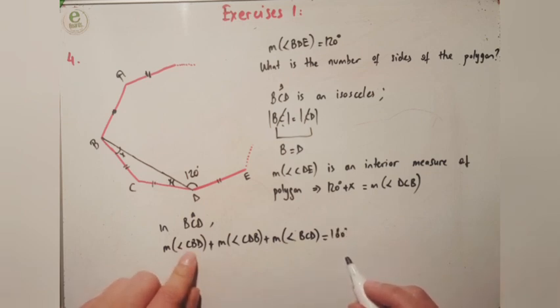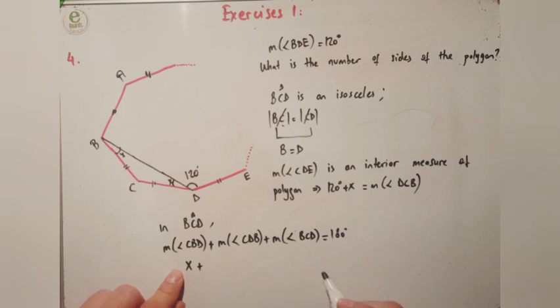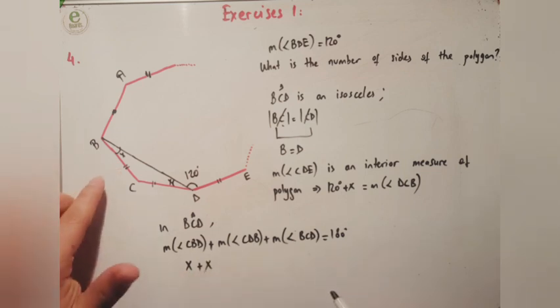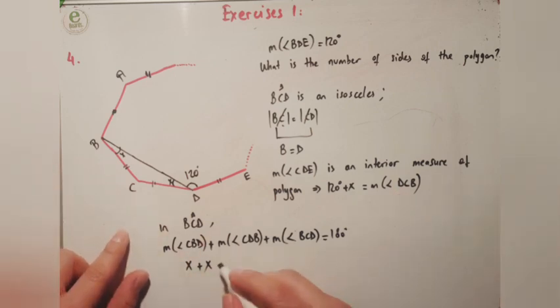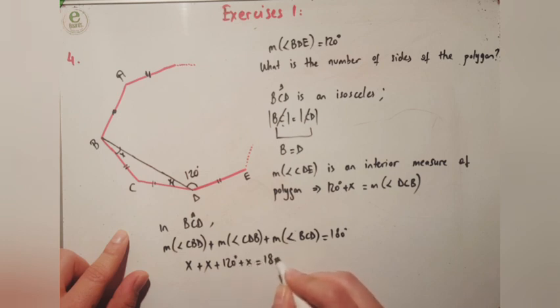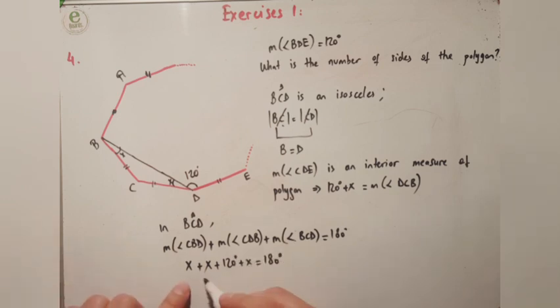The measure of CBD is X. The measure of angle CDB is also X because the triangle is isosceles. The measure of angle BCD, 120 degrees plus X, so the sum is equal to 180. So 3X is equal to 180 degrees minus 120 degrees, which is equal to 60 degrees. We can divide by 3, so X is going to be 20 degrees.